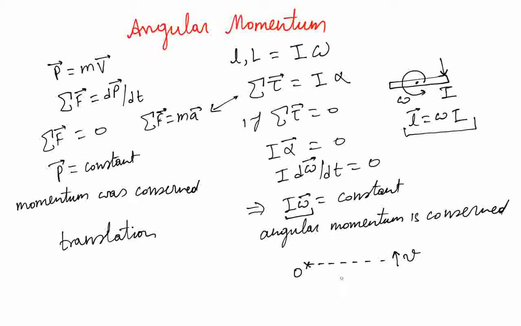So you can always define angular momentum with respect to the origin. Let's say the distance from the origin is d. Then you know that v is given as r omega.